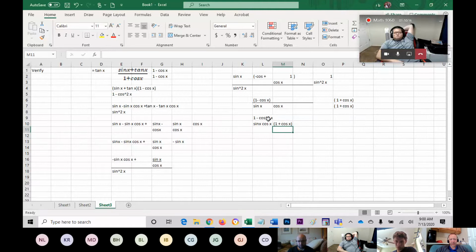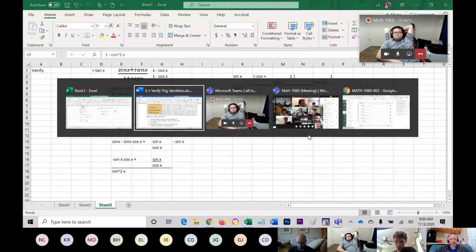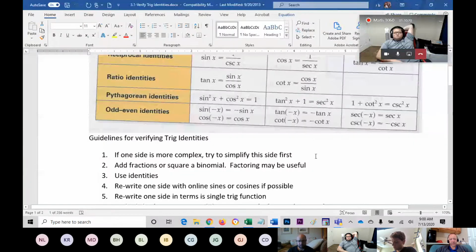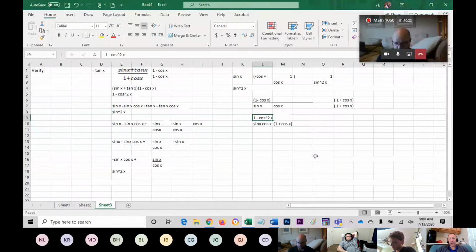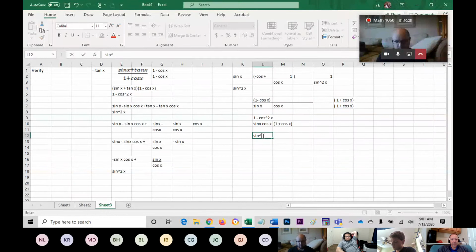Okay, now what's 1 minus the cosine squared of x? Sine squared of x. Okay, so I've got sine squared of x on the top. And basically I've got the same thing on the bottom.